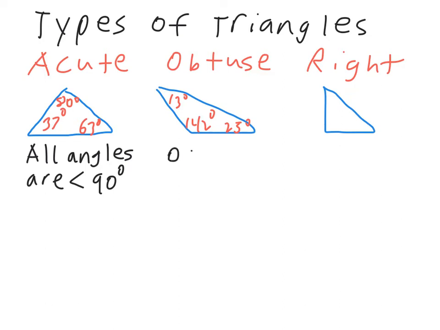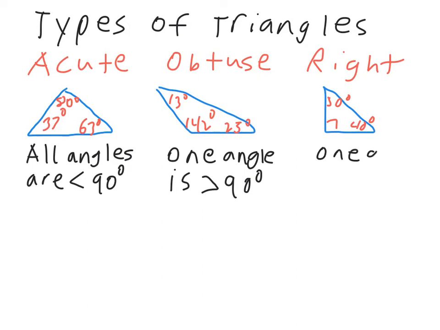So, one angle is greater than 90 degrees. A right triangle has exactly one right angle. So one angle is equal to 90 degrees.